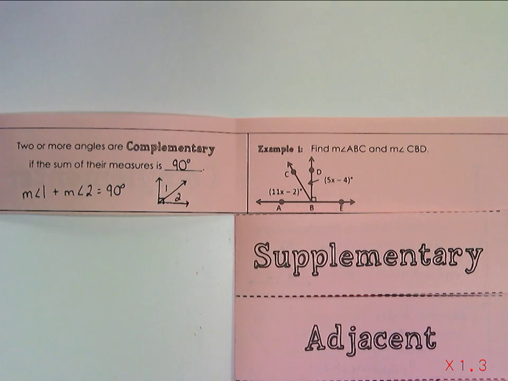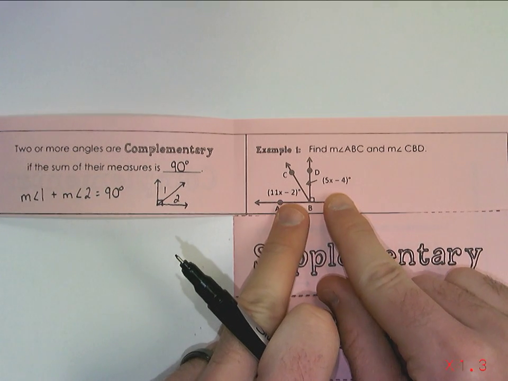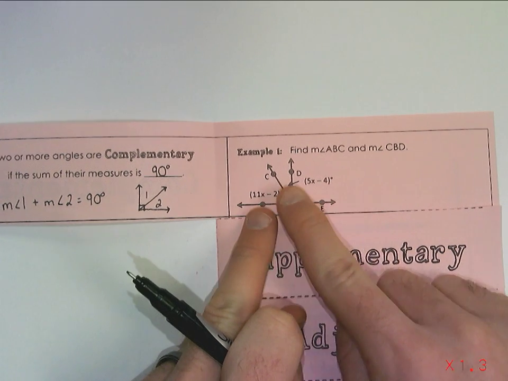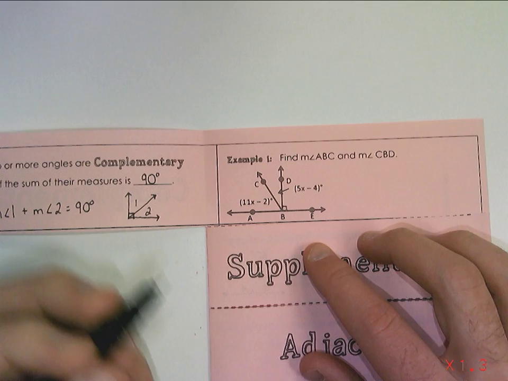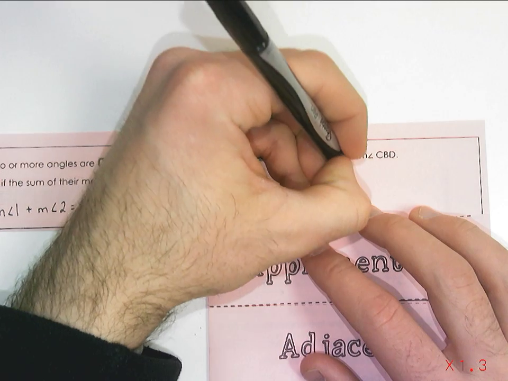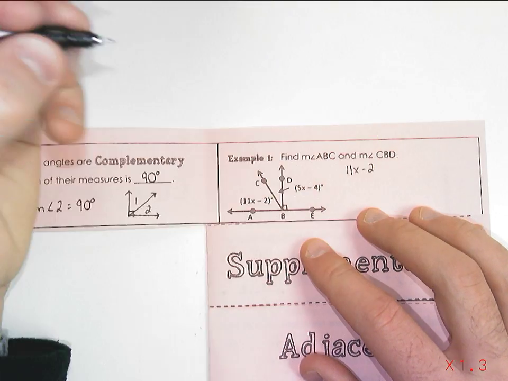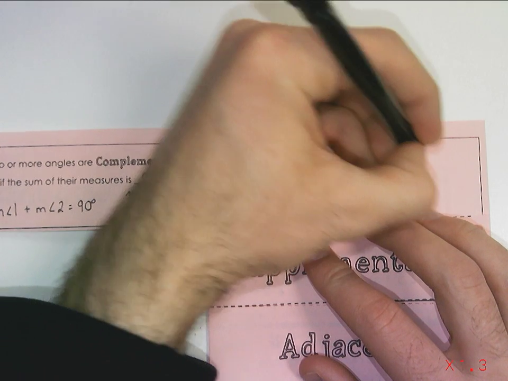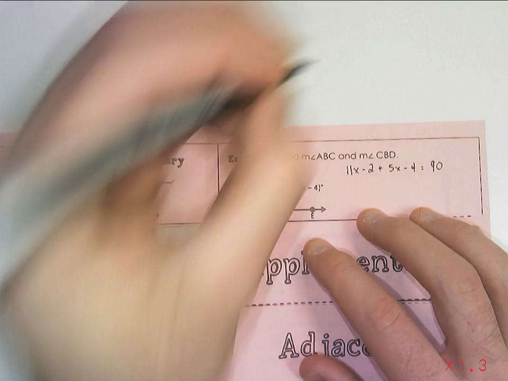We're given two expressions, 11x minus 2 and 5x minus 4, and we know that those two angles together add up to 90 degrees. So what we're going to have to do is say 11x minus 2 plus 5x minus 4 equals 90.